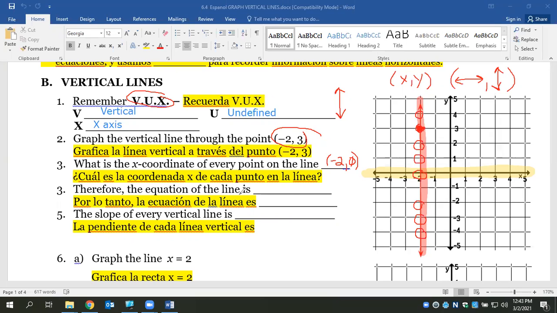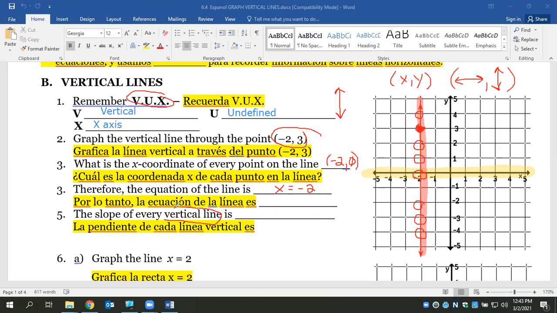Therefore, the equation of the line, what type of line is it? The equation, okay, that is x equals -2. All right. And the slope of every vertical line. Now, look, vertical line.